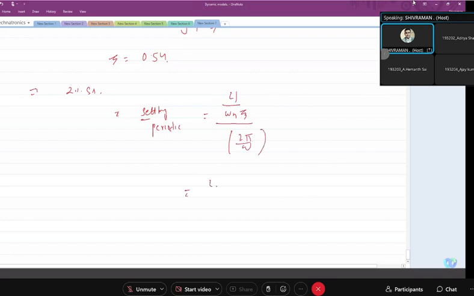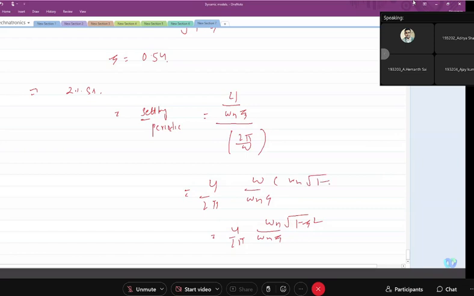So 4 by 2 pi, omega upon that. Omega is equal to omega n square root of 1 minus damping factor squared. So omega n will get cancelled out. So you will get 2 upon pi, square root of 1 minus damping factor squared, upon damping factor.